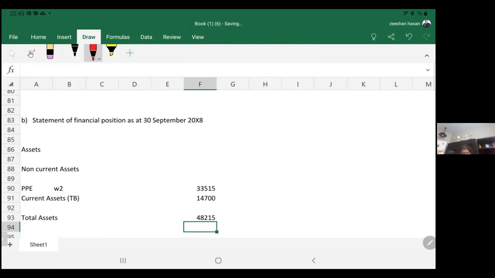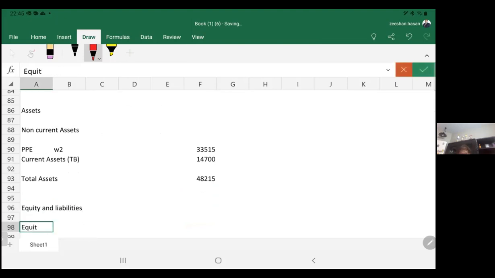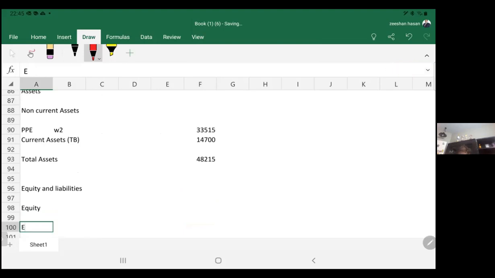Okay, bang on. For equity and liabilities. Equity, shares $1 each according to the TB, 10,000.